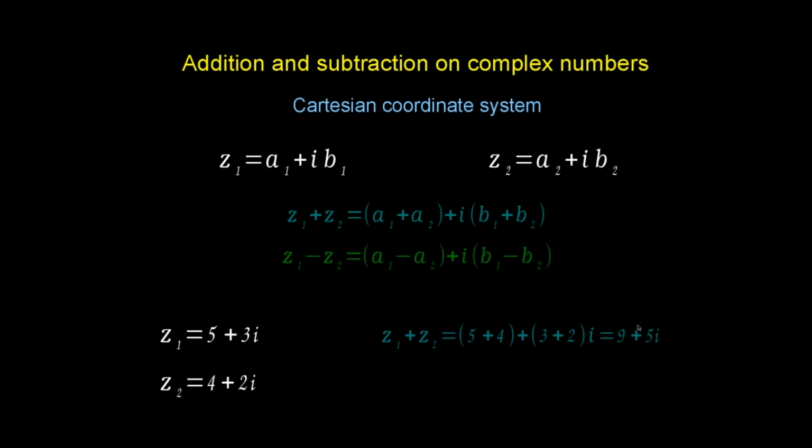The result will be 9 plus 5i. Not that hard. The subtraction will be given by z1 minus z2, which is the difference of the real parts 5 minus 4 and the difference of the imaginary parts 3 minus 2. So we will have 1 plus i.